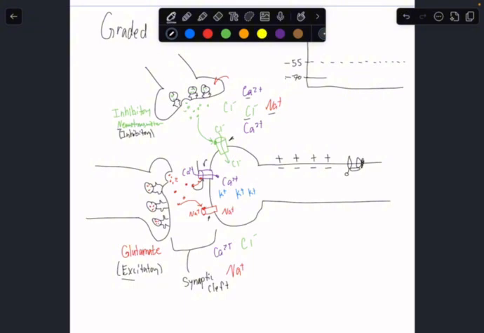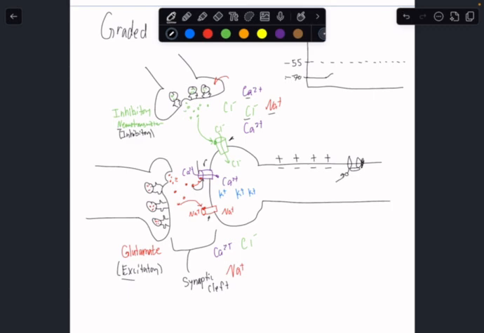So with our graded potential, we have something called spatial summation. Spatial summation is where we might have multiple of these sodium or calcium channels all around this opening that are being opened. Because normally if you just have one, it'll go up when that sodium comes in, but then it might not have enough to get to the top and open up all these sodium voltage gated channels.